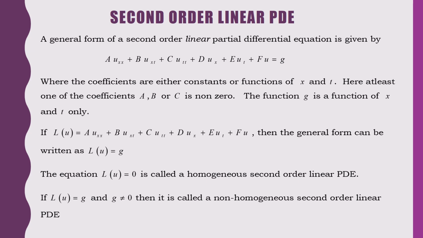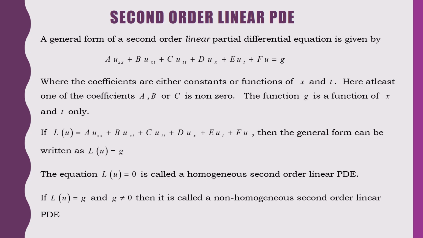In this equation, the second order partial derivatives u sub xx, u sub xt and u sub tt are present. So this is a second order linear PDE. Here at least one of the coefficients A, B or C must be non-zero.